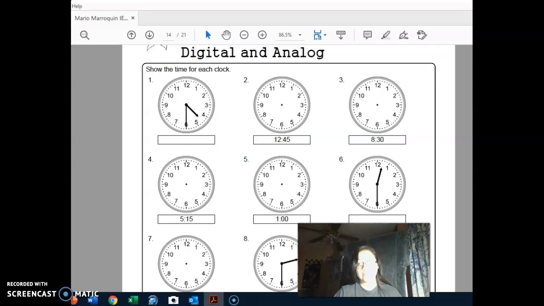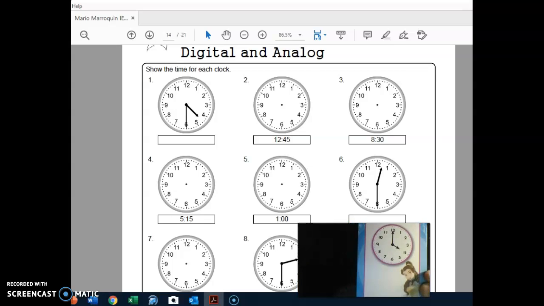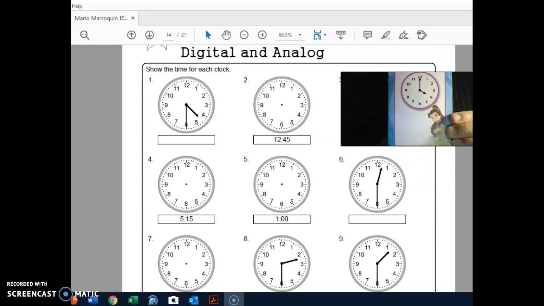Remember, the big hand is your minutes and your small hand is your hour. So this is how you would write 4 o'clock. Correct? 4 o'clock. You see the big hand is at the 12, the small hand is the hour, so it would go to 4.